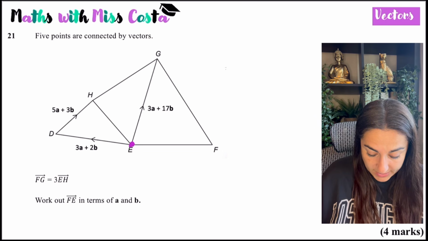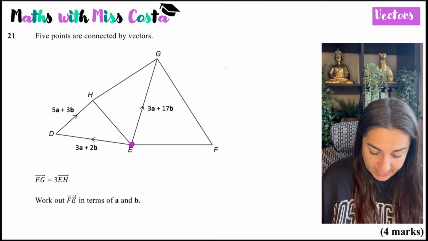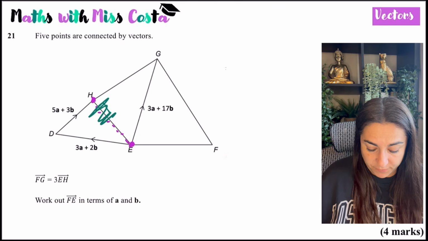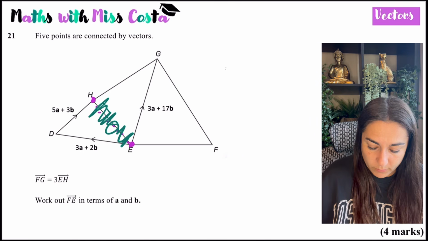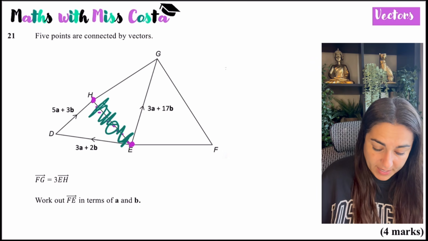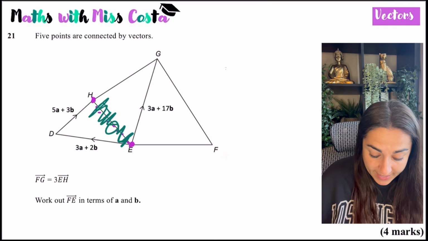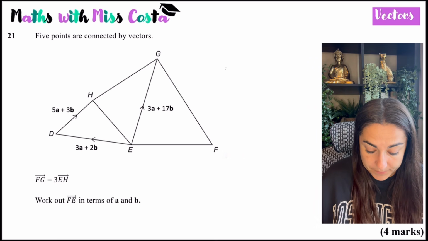So for example, here, if I wanted to go from E to H, I can't go across here because this is the muddy random field that I can't go on with my little vector car. But anyway, the point is that I cannot go through unnamed routes.